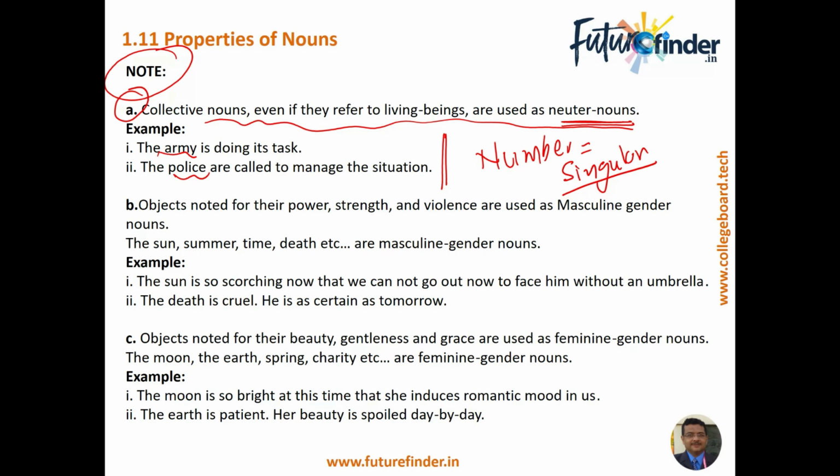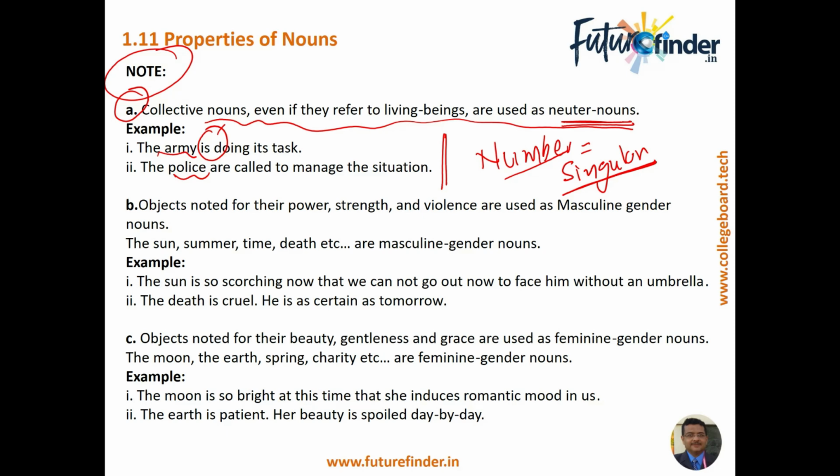So the army, the police: the army is doing its task, not the army are. Though the army refers to more individuals than a single individual, the number for these nouns is singular.